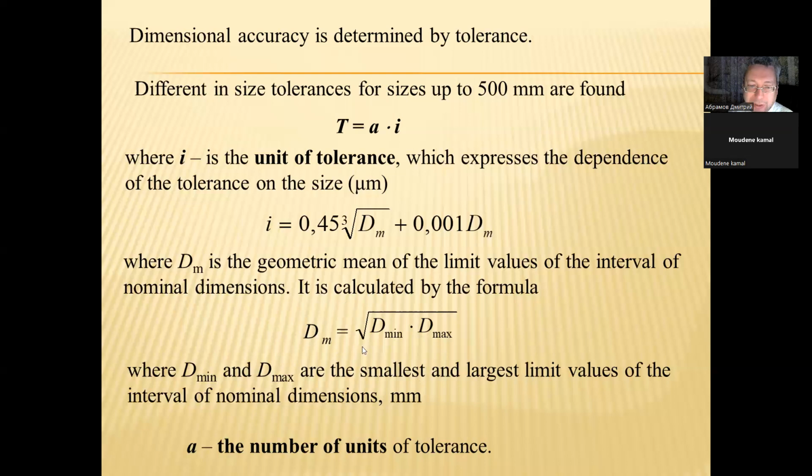Use this formula to calculate D suffix M. We use D suffix minimum and D suffix maximum, the smallest and largest limit values of the interval of nominal dimensions in millimeters.